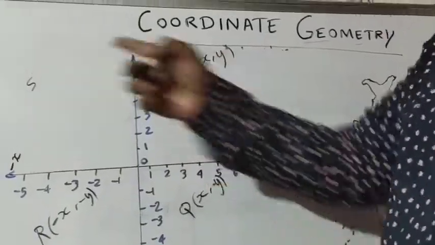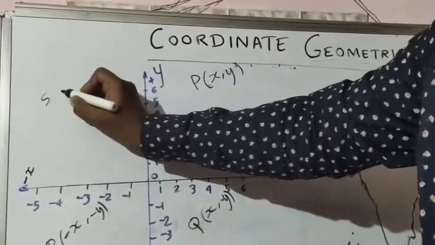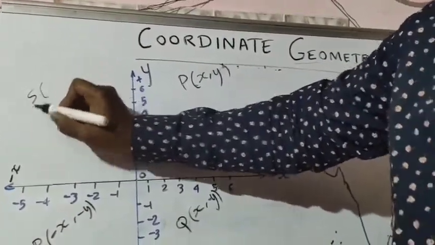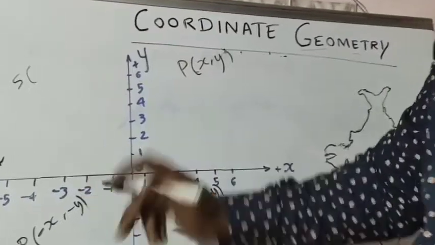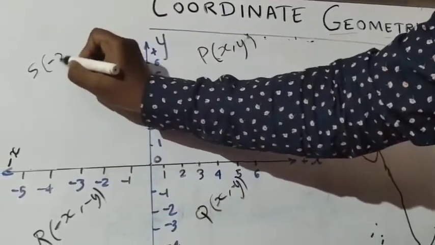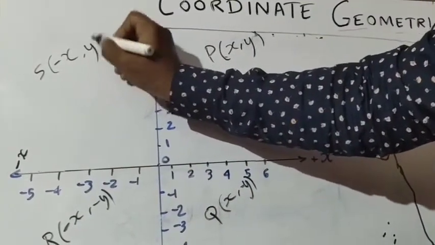And the next quadrant has minus x comma plus y.